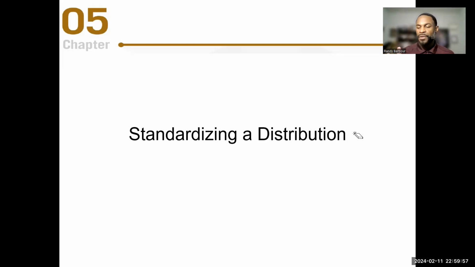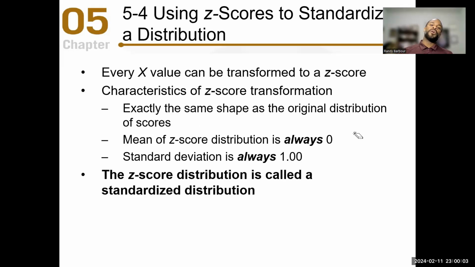And we know that every distribution of z-scores has a mean of zero, and we'll talk about that. So when you use z-scores to standardize a distribution, all you're doing is transforming all of your x values into z-scores. And we know how to transform values into z-scores. We should be pros at that, given the practice problems that we've done in class.